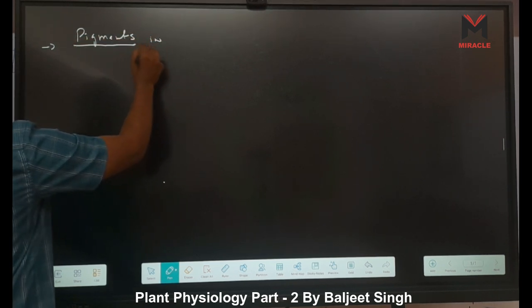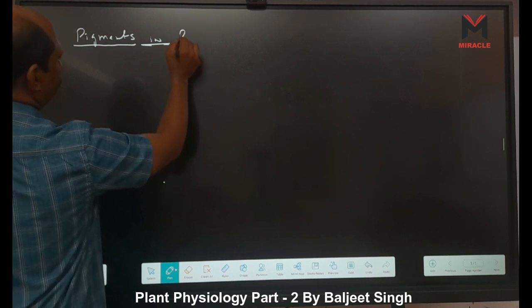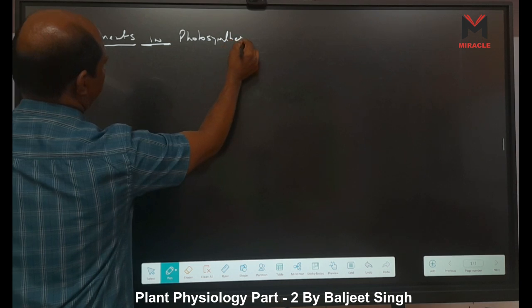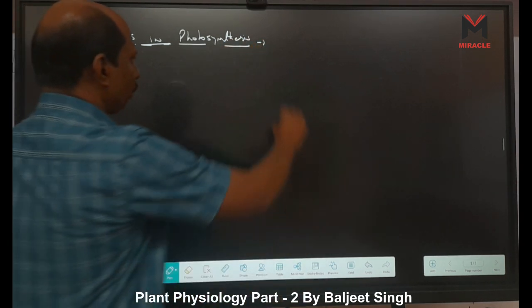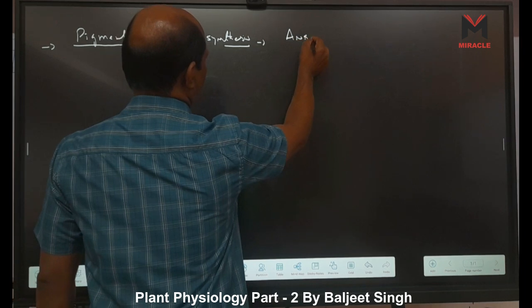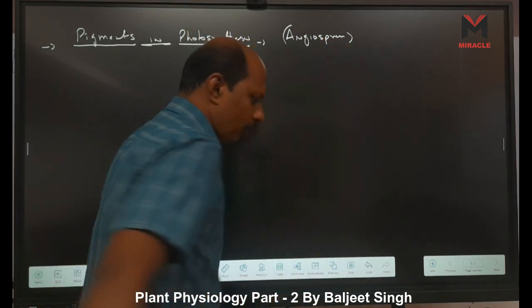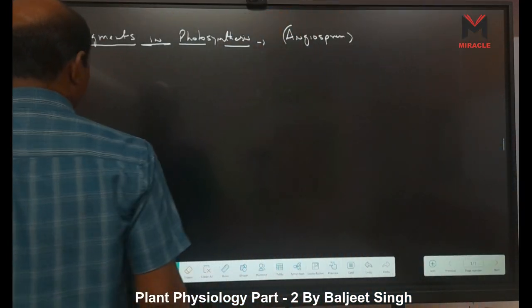Pigments in photosynthesis. How many pigments are involved in photosynthesis in angiosperms? Angiosperms are flowering plants, which is in the syllabus.